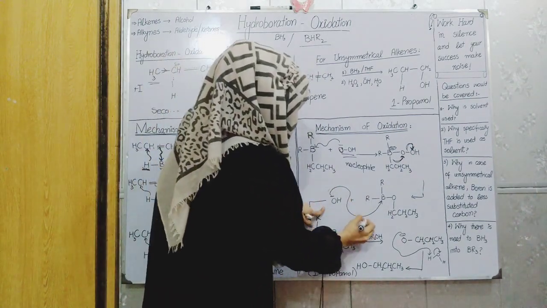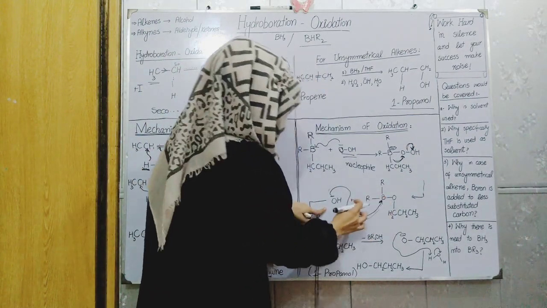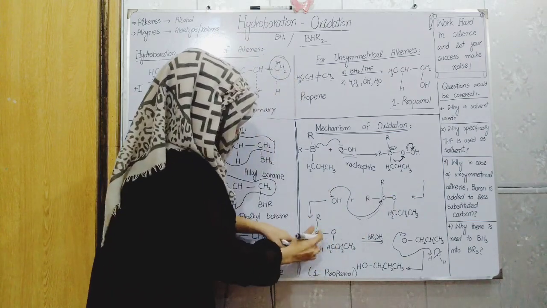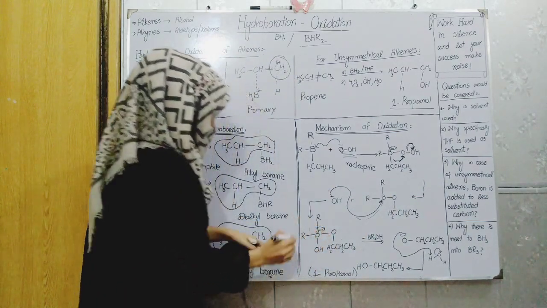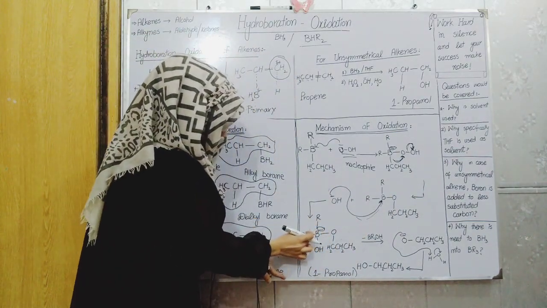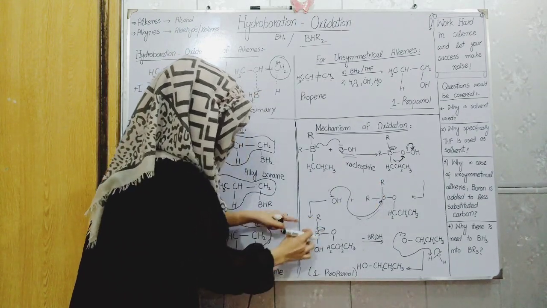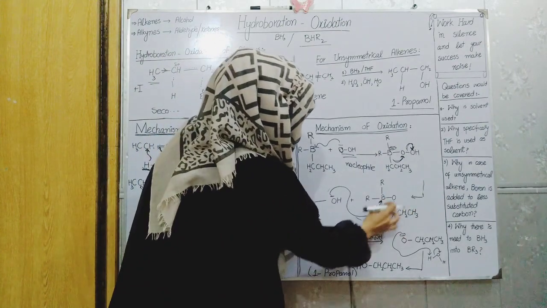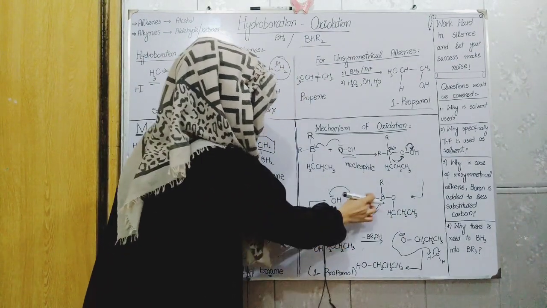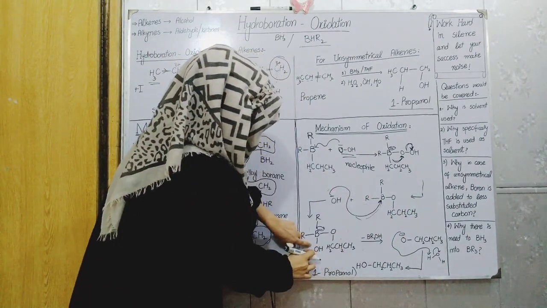Now this hydroxide group again attacks the boron atom, and again boron gets a negative charge because it forms 4 bonds: R, R, the alkoxy group, and now this hydroxide also attached to boron.